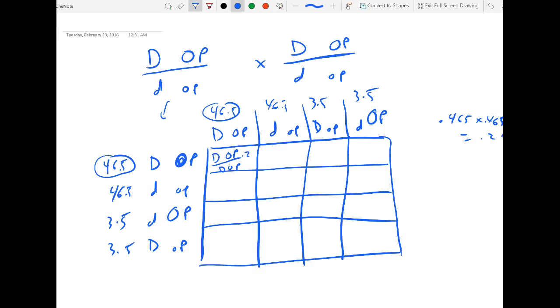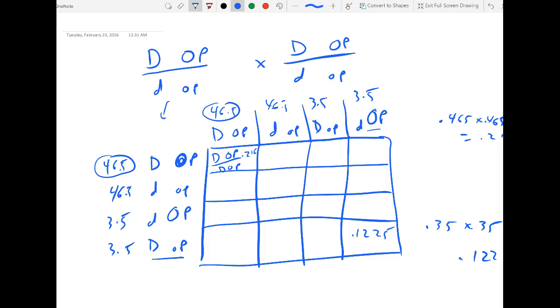So you get 0.216 of these. And then you have to calculate exactly the probabilities of all these other things. Let's say for example, big D OP and little d OP. That would be 0.35 times 0.35, which is 0.1225. So that would be the probability of getting that genotype.